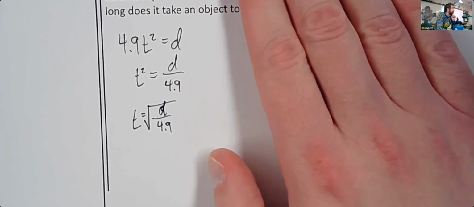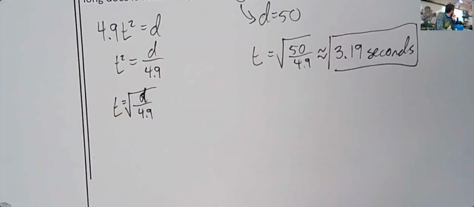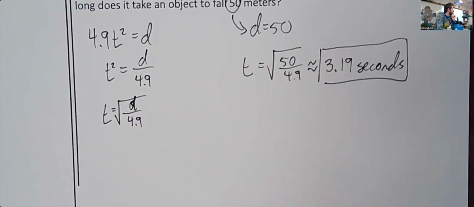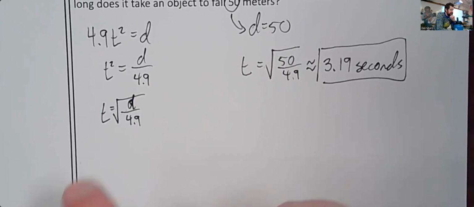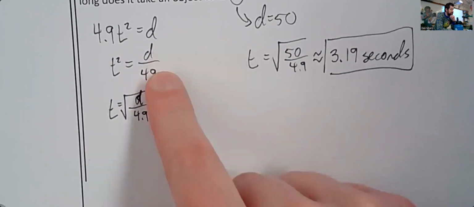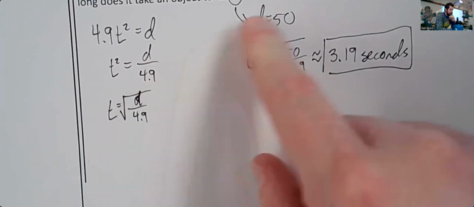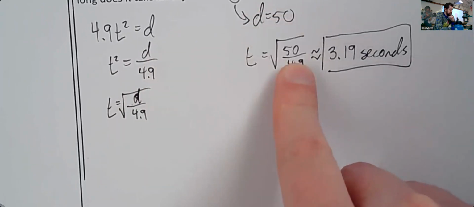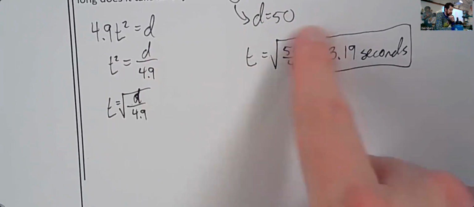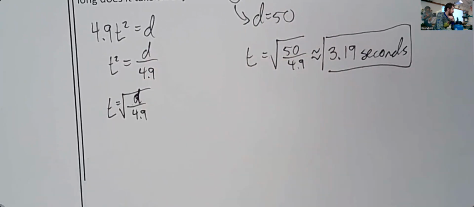Mike, you got it? No? Ricardo, you got it? Yeah. That's 3.19 seconds. Cool. So get t by itself. So divide both sides by 4.9, then square root. And then substitute 50 in for the distance. And then just type in square root of 50 divided by 4.9, you get about 3.19 seconds. If you said 3.2, that's fine.